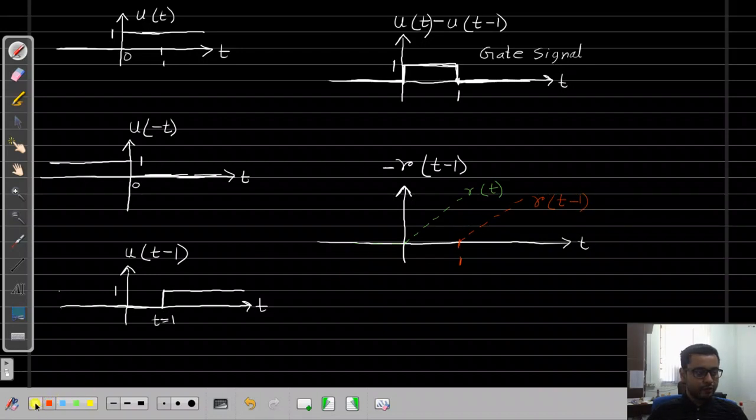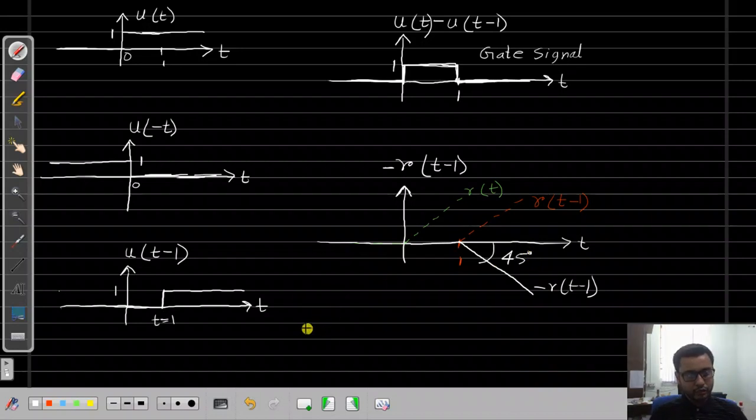And then finally, because of this minus sign, you have to invert or flip this signal vertically. So that will be like this. So this is minus r(t minus 1). Before this it is 0 and this angle is 45 degrees.